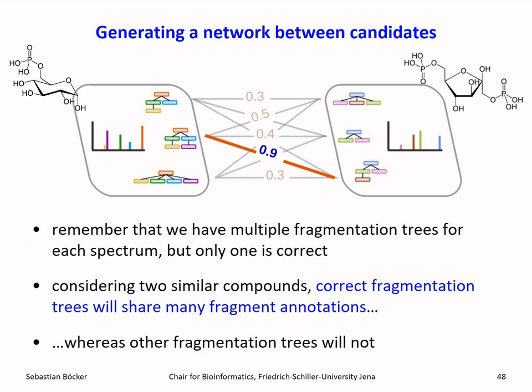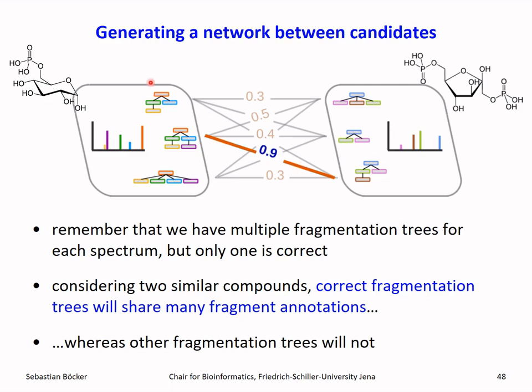And we use that to again create a network, but different from, say, the GNPS molecular networks, where we have such a network based on the fragmentation spectra. We now have such a network based on the fragmentation tree explanations of each fragmentation spectrum. And that's obviously much bigger.